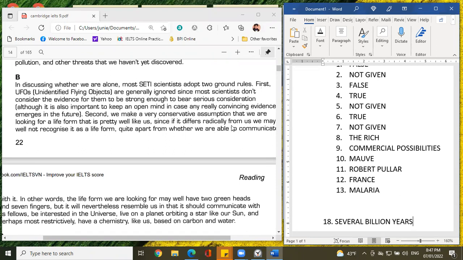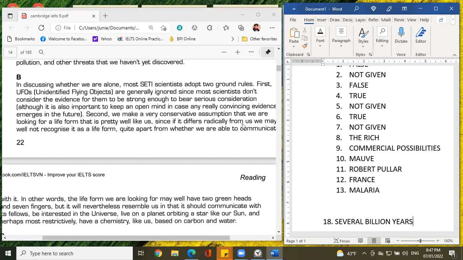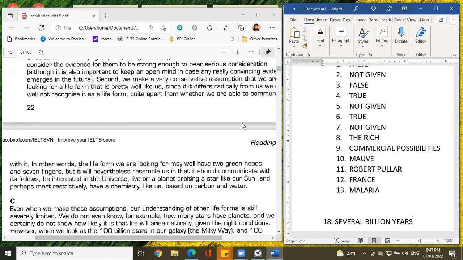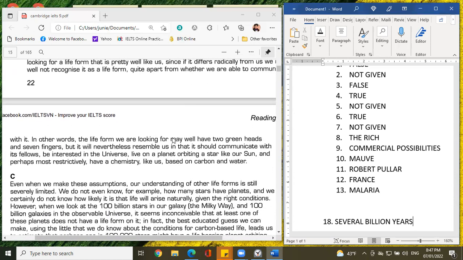If it differs radically from us, we may well not recognize it as a life form, quite apart from whether we are able to communicate with it. In other words, the life form we are looking for may well have two green heads and 7 feet, but it will nevertheless resemble us, in that it should communicate with its fellows, be interested in the sun.